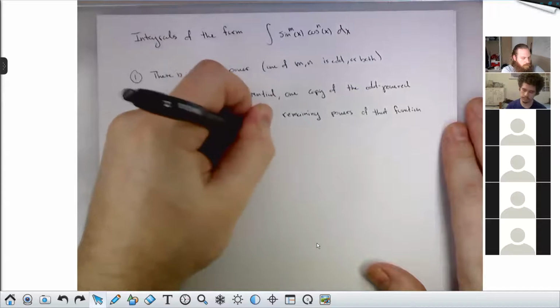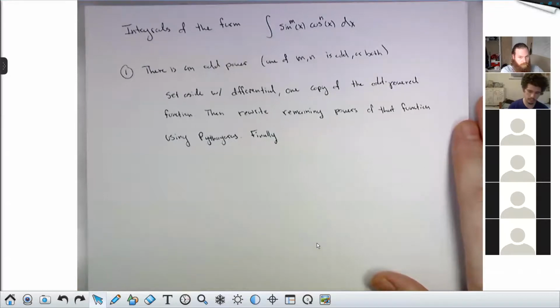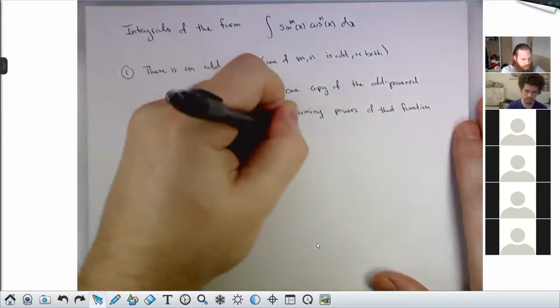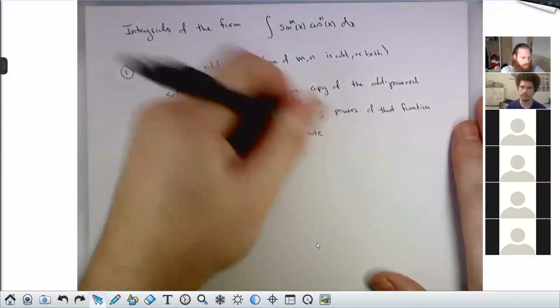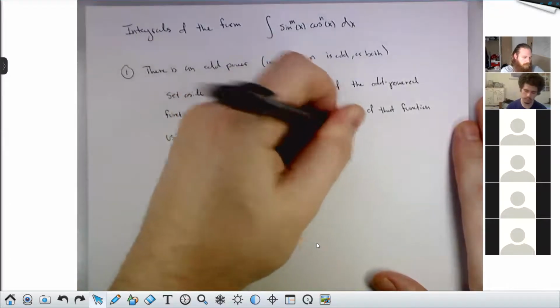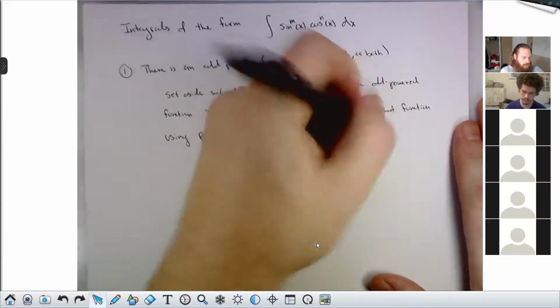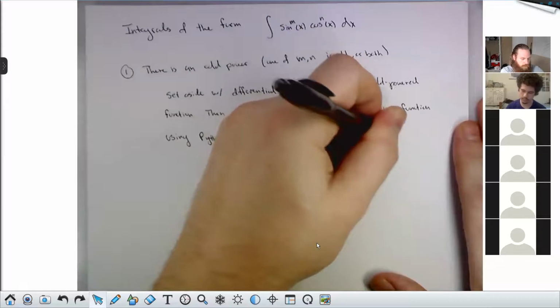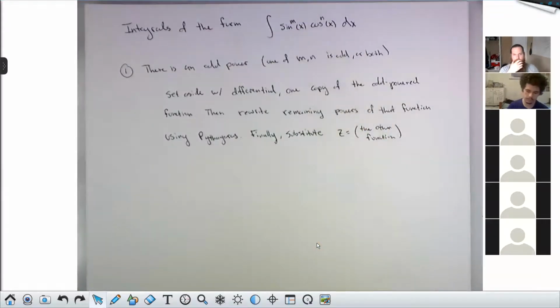Finally, substitute for the other function. I'll try to get this to focus a little better. That's it.